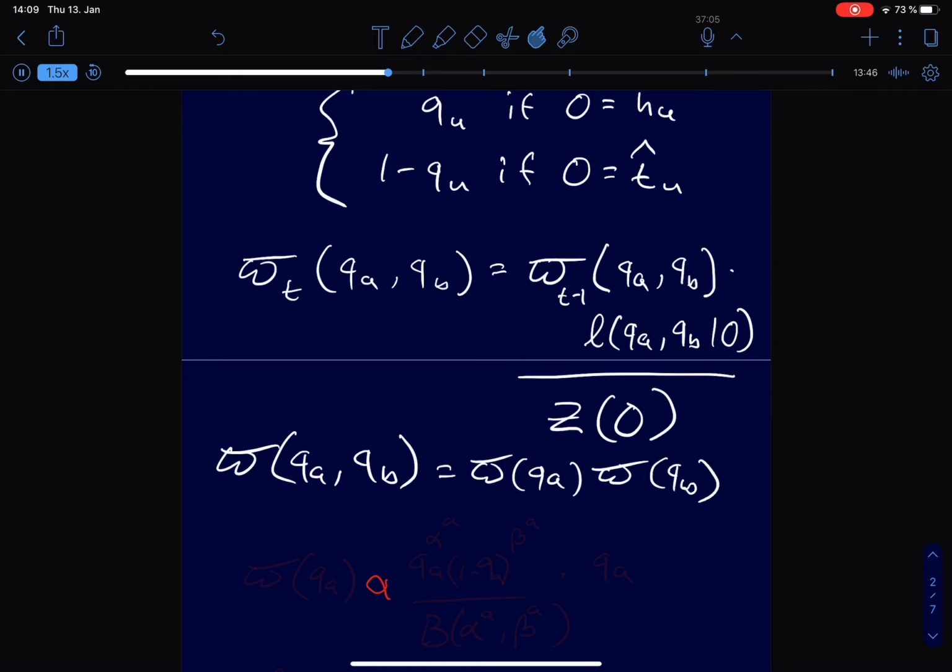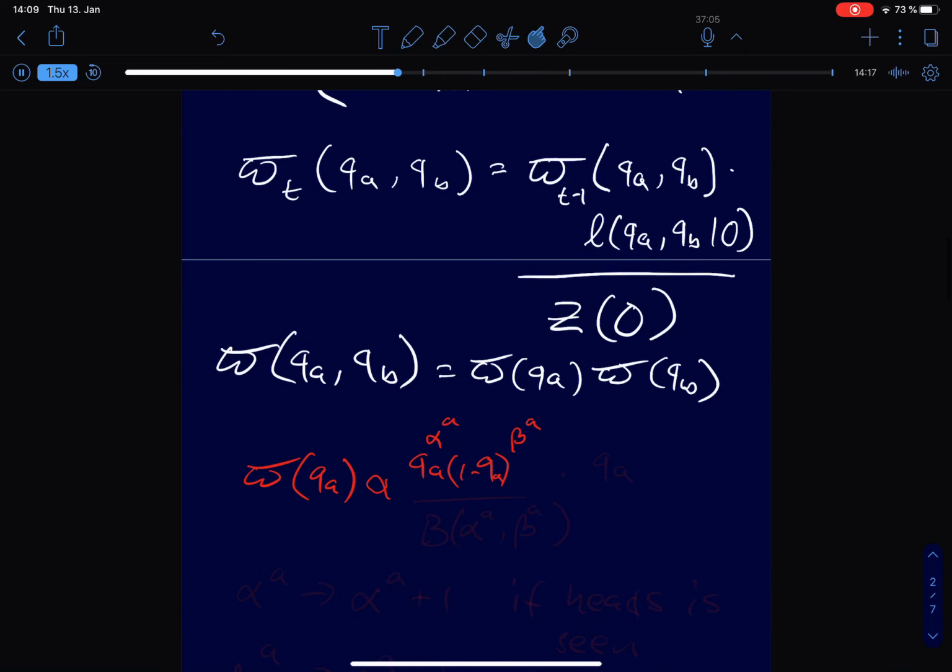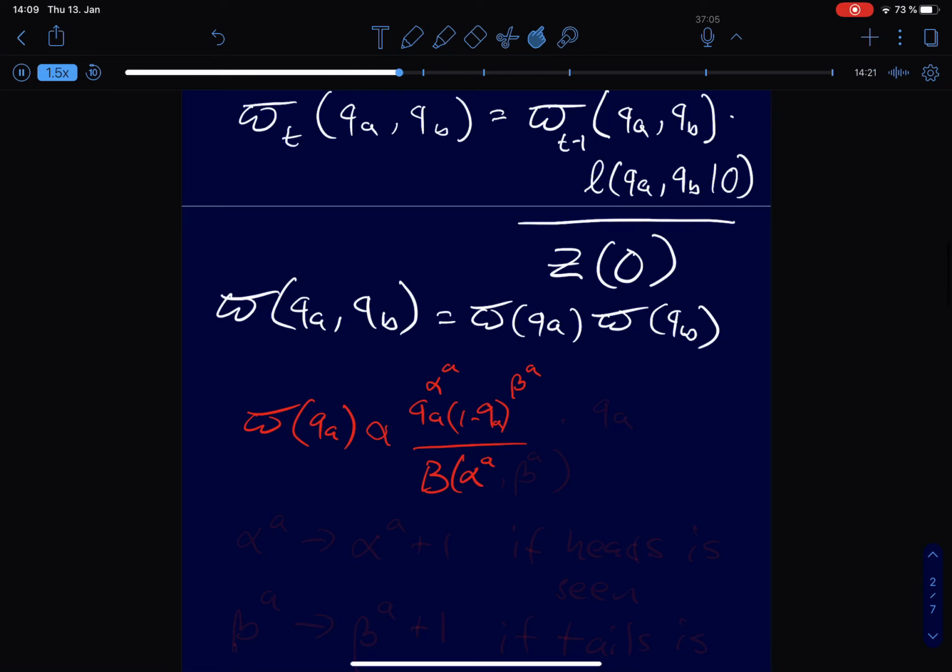If we look at one of these, let's look at coin A, and we see that coin A has achieved a heads, then this thing is qA raised to the alpha A, times 1 minus qA raised to the beta A, over the beta function of alpha A, beta A. And then this gets multiplied by the likelihood, which for an observation of heads on coin A was just qA.